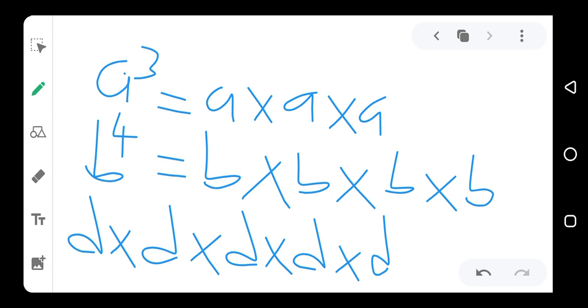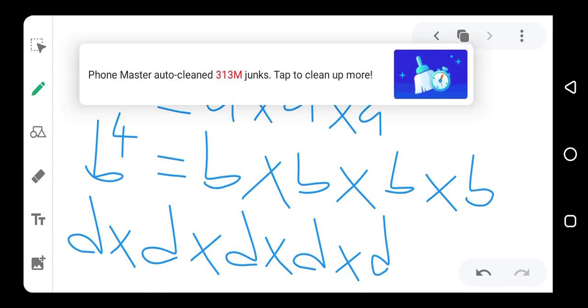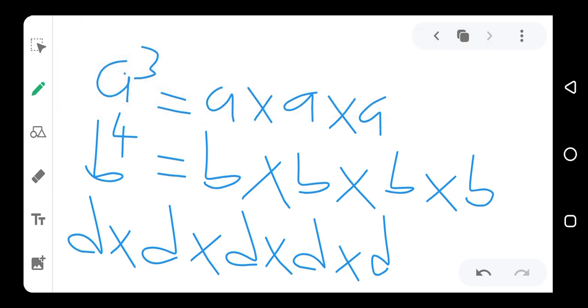We may be asked to find this in the index form. It is going to be equal to, we count the number of times the d is occurring, which is 1, 2, 3, 4, 5. So we now say that it is d raised to power 5.